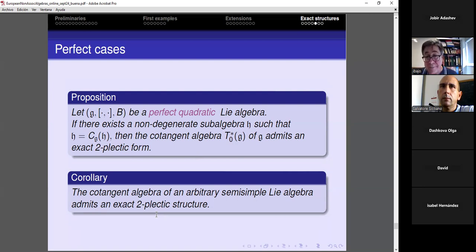Okay. In particular, if we apply this to semi-simple Lie algebras, then the cotangent algebra of an arbitrary semi-simple Lie algebra admits an exact two-plectic structure.